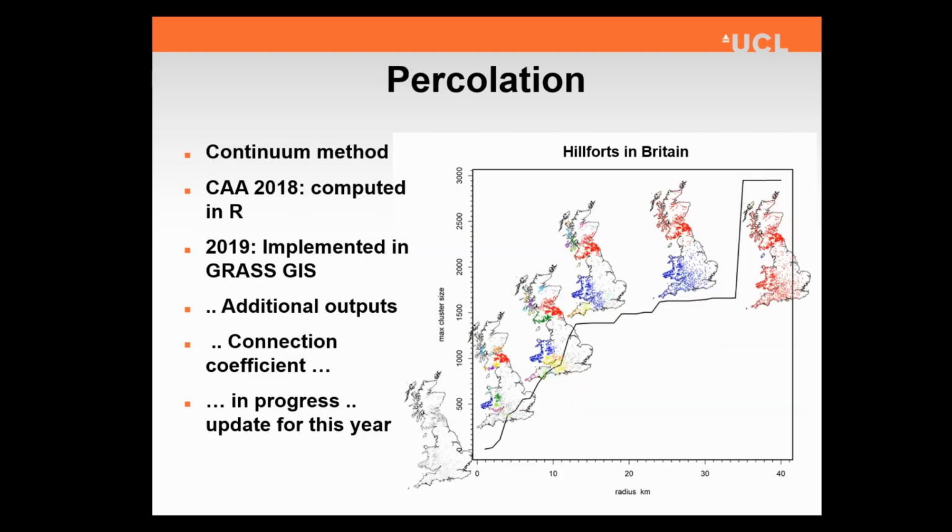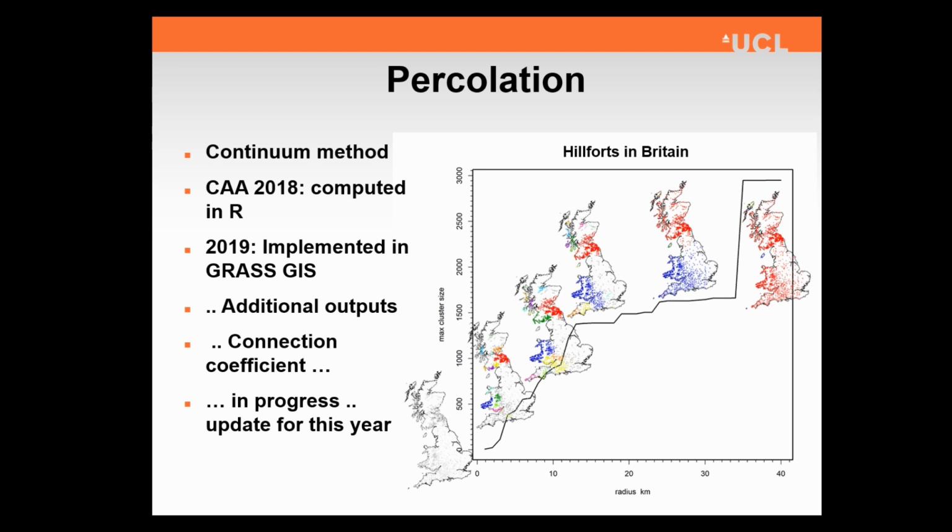So the method that we're using, just as a brief recap, is a continuum method. We are looking at clusters that are formed based on the distance between points. Earlier methods are based on a cellular array or a grid or a matrix. But the continuum method works on precisely the distance between points rather than a grid array.